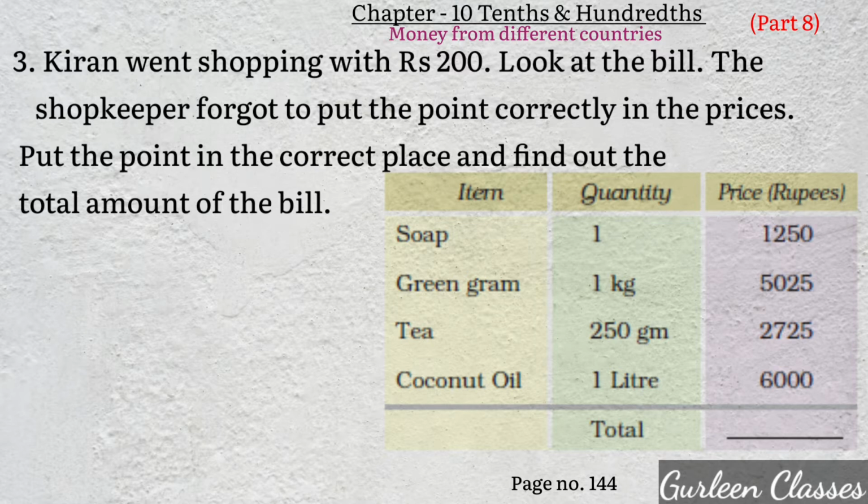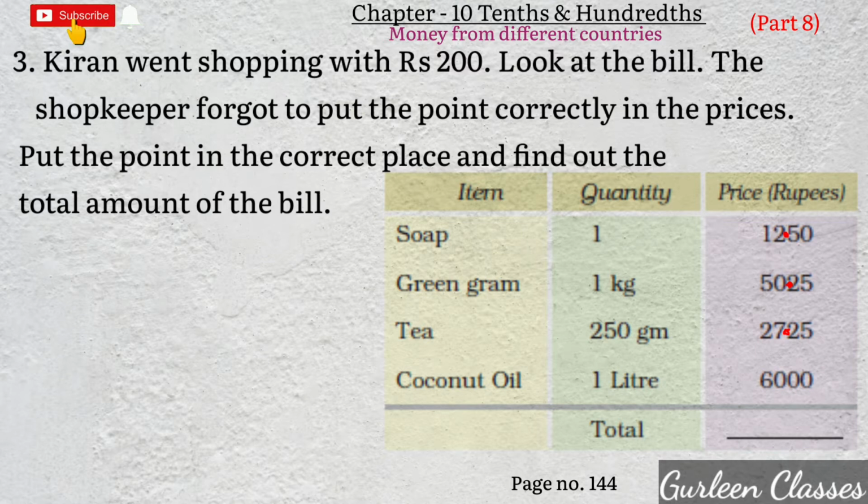It will be rupees 12.50 means 12 rupees 50 paise. Similarly, green gram, quantity is 1 kg. Decimal point will be between 0 and 2. So it will be rupees 50.25. Quantity is 250 gram. Item is tea. It will be rupees 27.25.